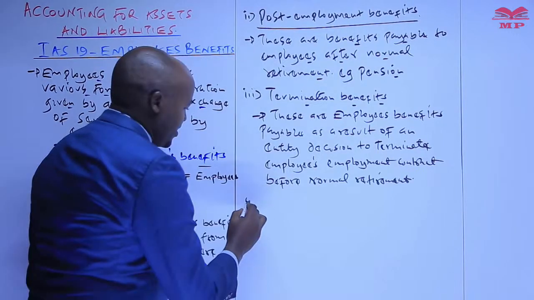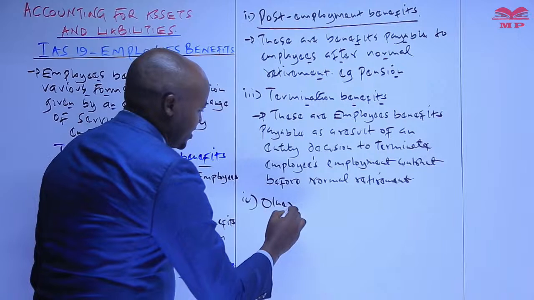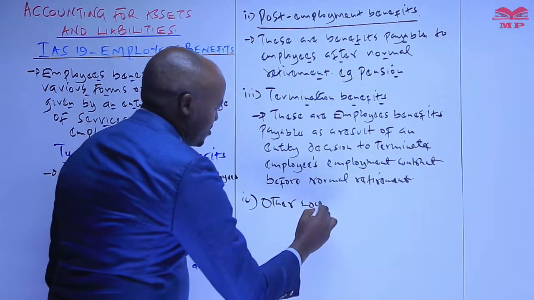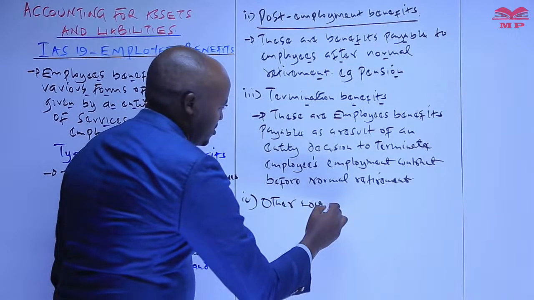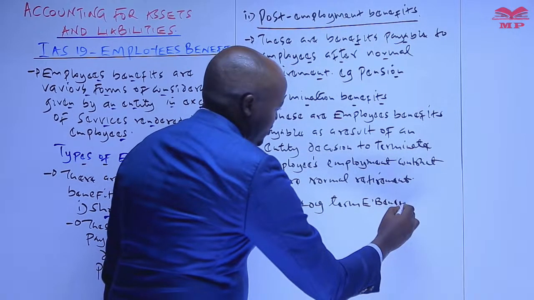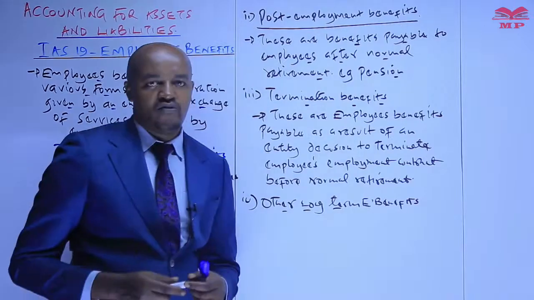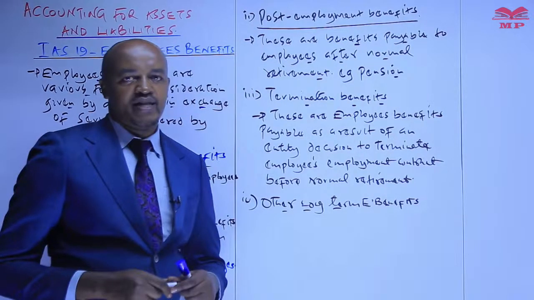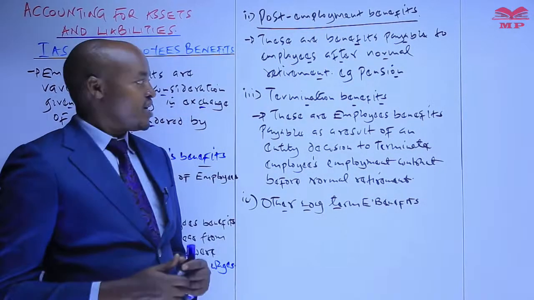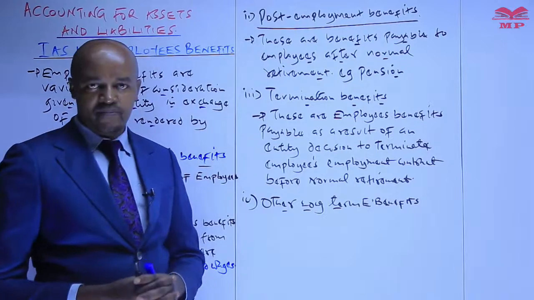The other type of employee benefit, which is number 4, is what we refer to as the other long-term employee benefit. When we talk about this, we are talking of any other long-term benefit which an employee is entitled to, other than a pension or a termination benefit.